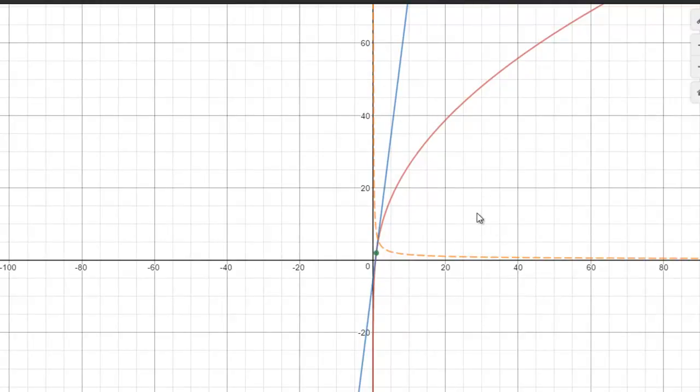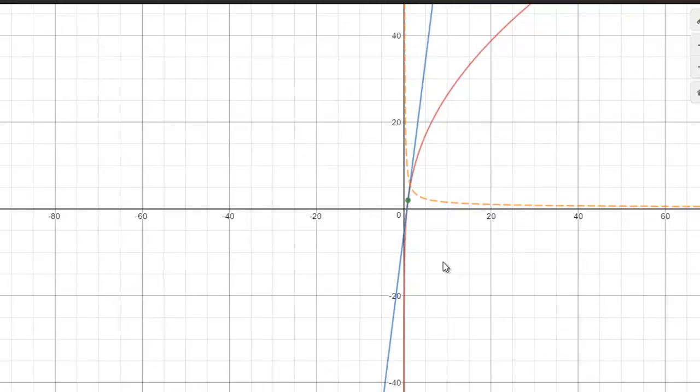So think about what that's saying here. The derivative function is getting really tall, really high, really large, the closer we get to 0. What does that mean? That means the slopes of our red curve are getting very big as we get close to 0. Now, why does that make sense? That makes sense because there is a vertical tangent line at x equals 0.